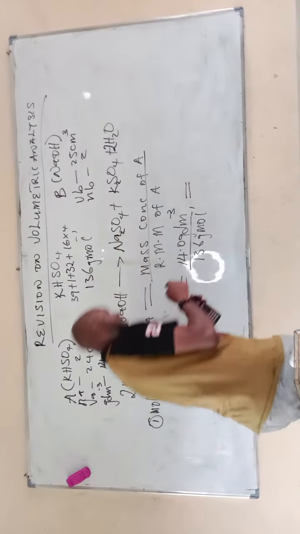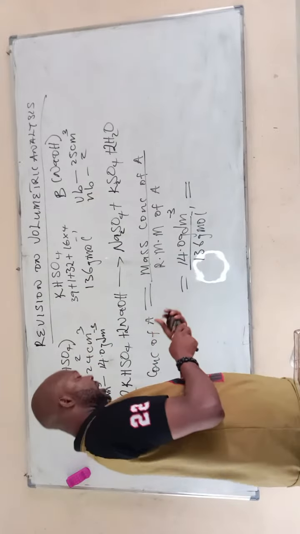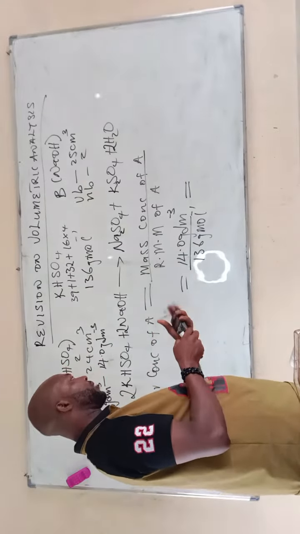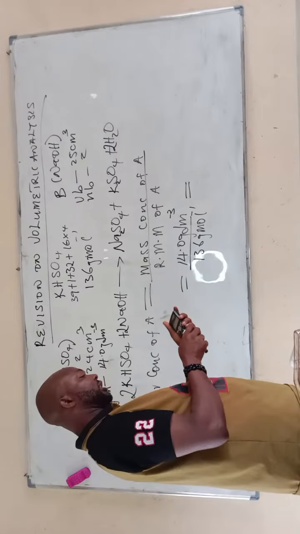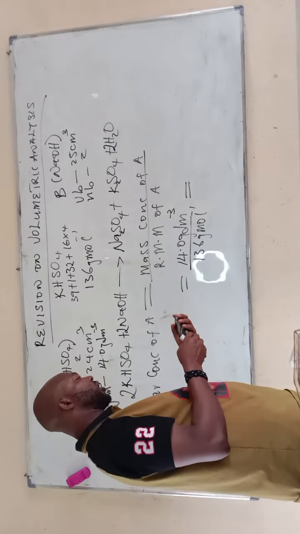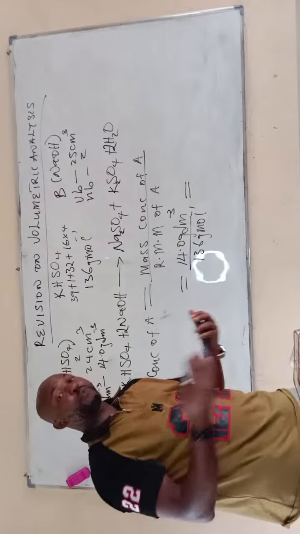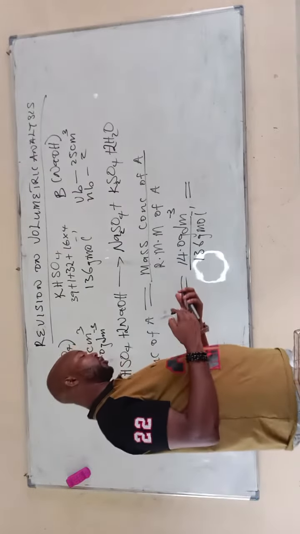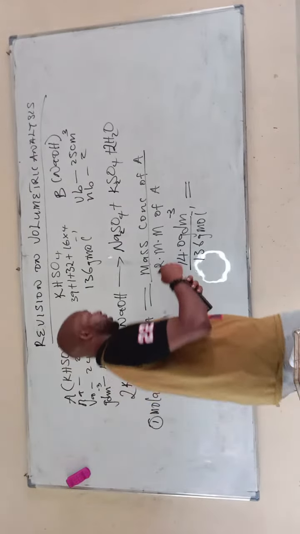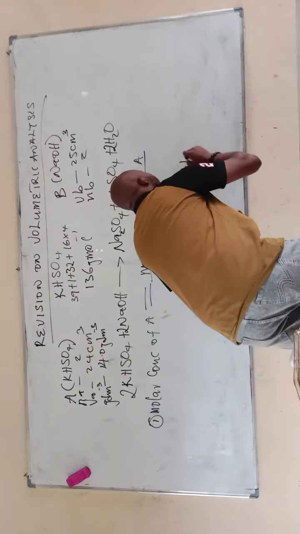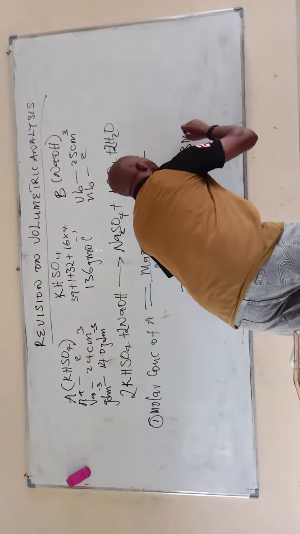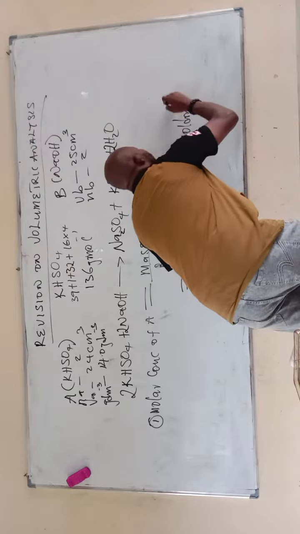And when I finalize this, what am I going to get? 14 divided by 136 will give me 0.1029. Approximately to 3 significant figures, I have 0.103 mol/dm³.